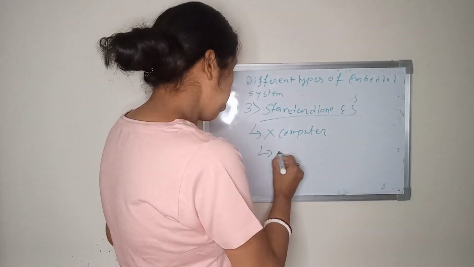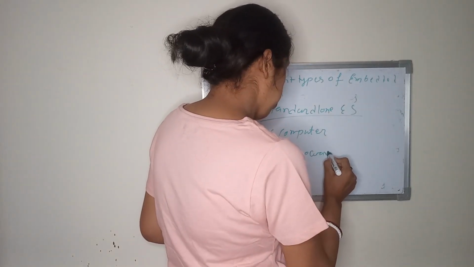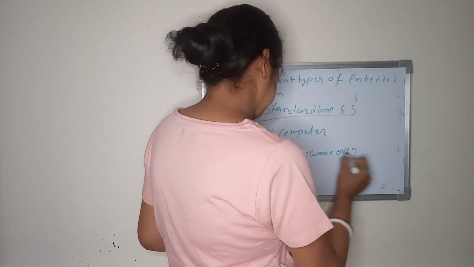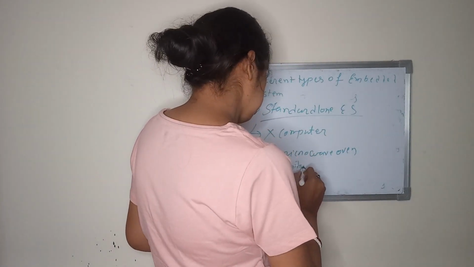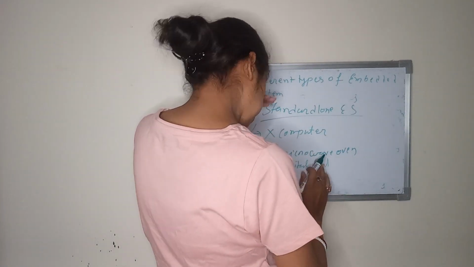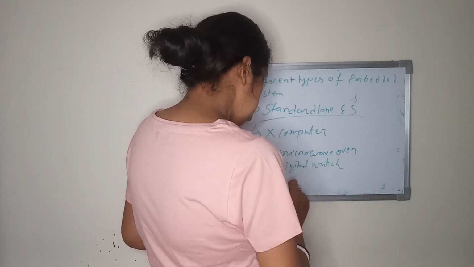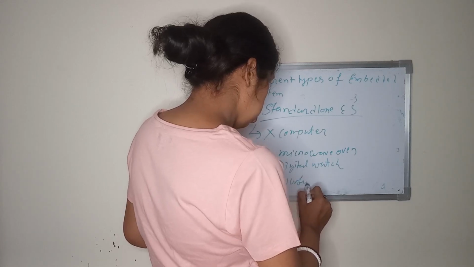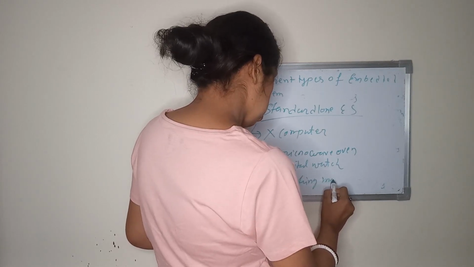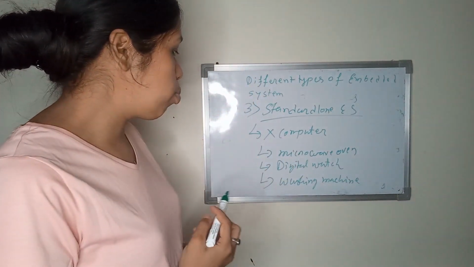Microwave oven, digital watch, and washing machine. So how will this system work?